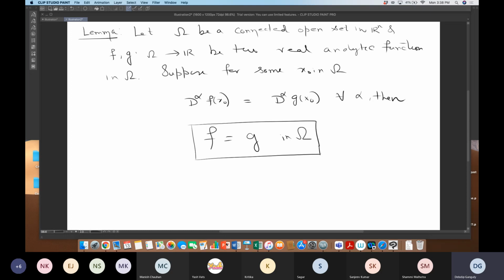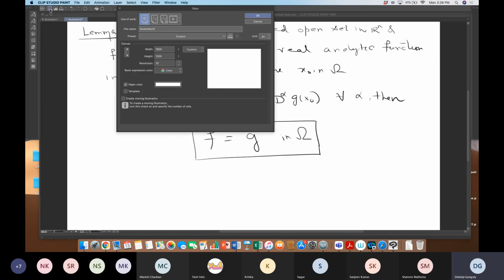Then what we did is the following. We stopped at some point, right? Remember the lemma where we stopped? We did not prove the whole lemma, right?